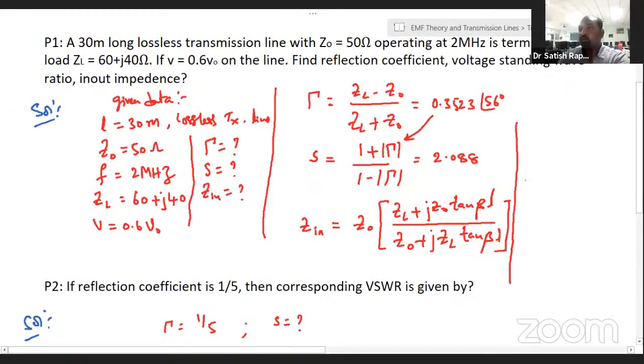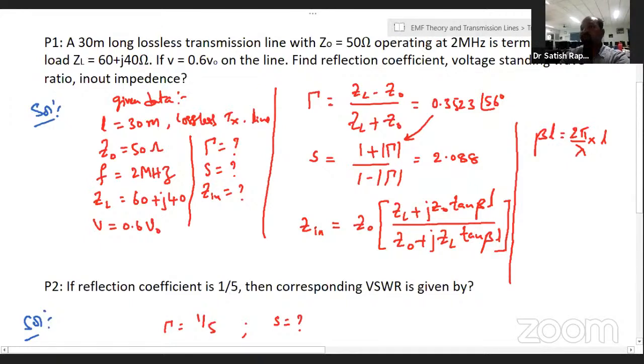ZL is known, Z0 is known, whereas beta L, what is beta L? Beta is 2 pi by lambda, so beta L is equal to 2 pi by lambda into L. L is given as 30, a 30 meter long transmission line.